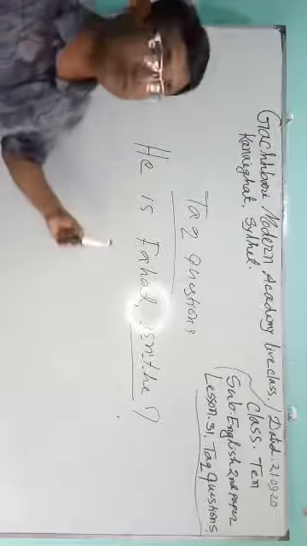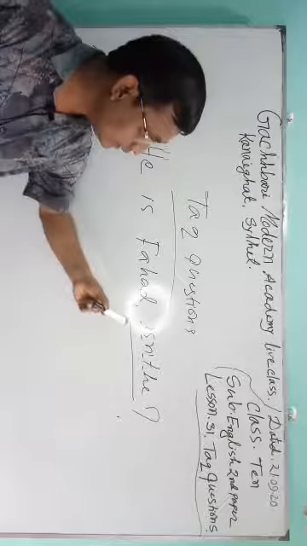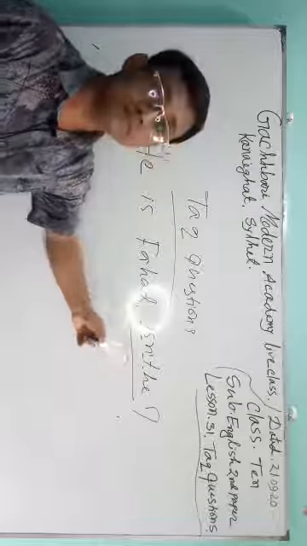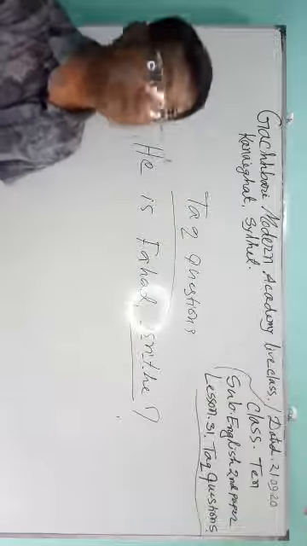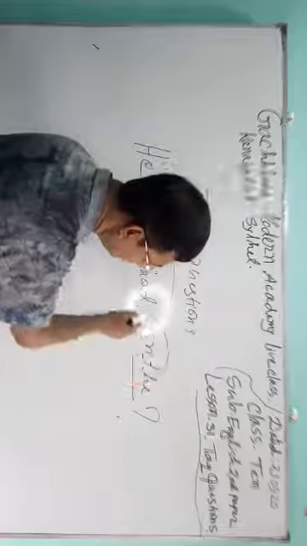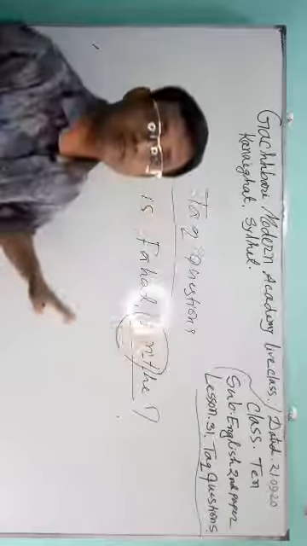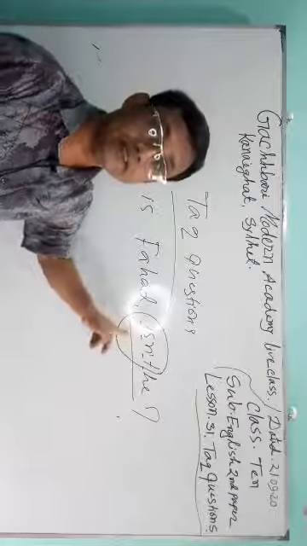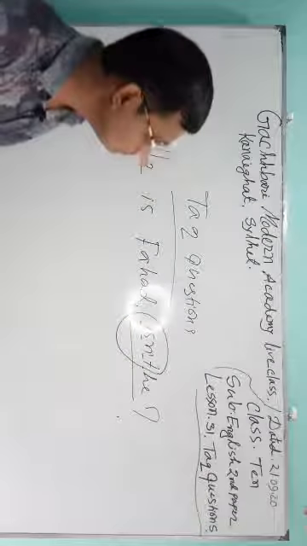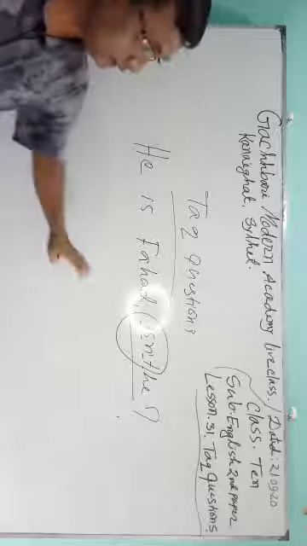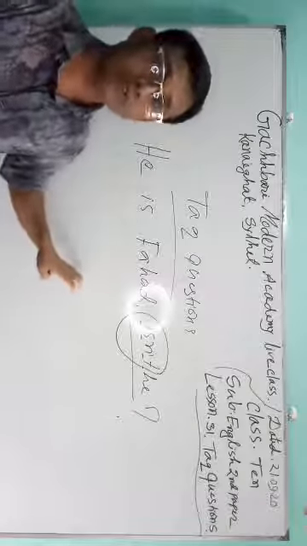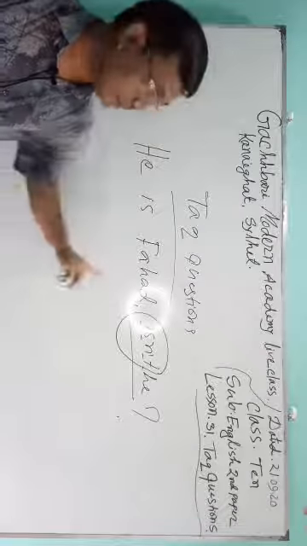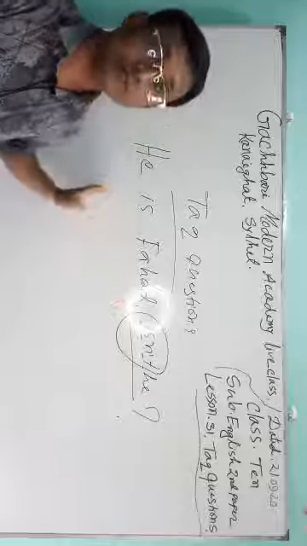He is Fahad. And then, isn't he? I have added something at the end of the sentence, that is isn't. So you find a tag question is a short form of question which is added at the end of a statement.